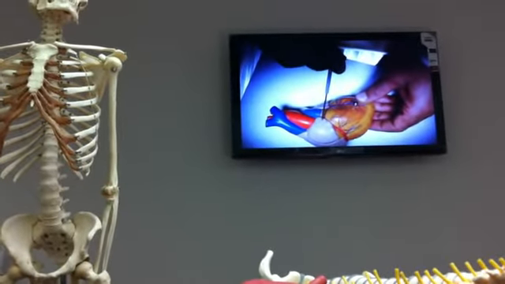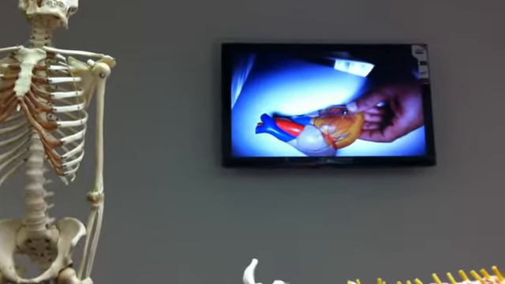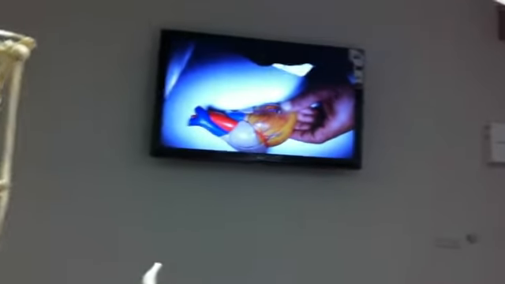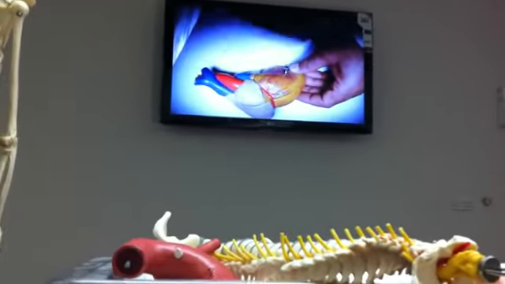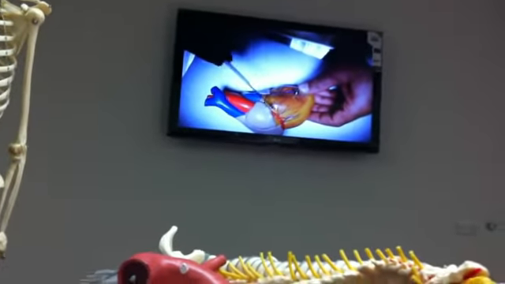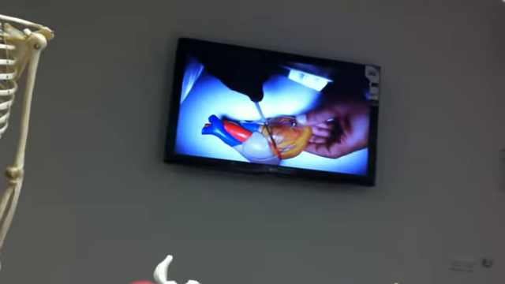Okay? This right atrium is forming the right pulmonary surface, as mentioned by Dr. Zahid. Okay? And here, this is the right coronary artery.